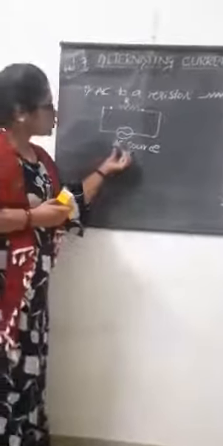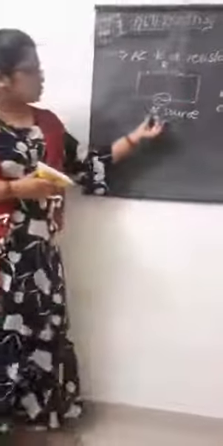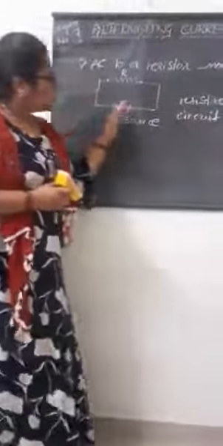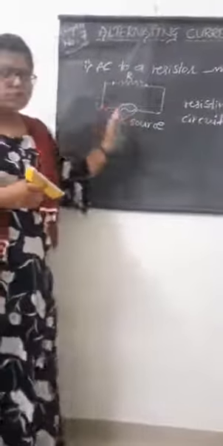Such a circuit in which an AC source is connected to a resistor is called a resistive circuit. So in this resistive circuit, what is going to happen?